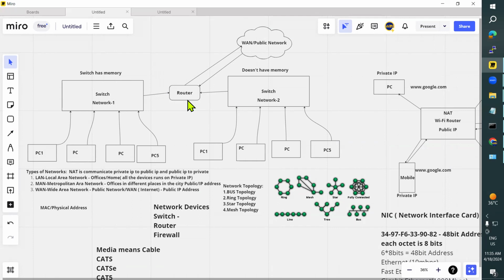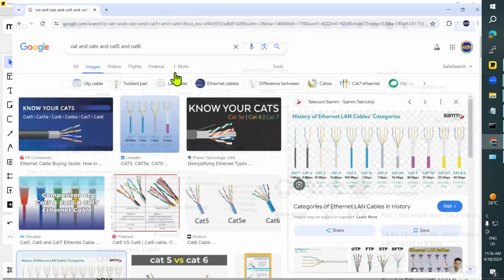You cannot assume that they are good. Across the world, many different people are in the public network. You never know who will come inside our network. That is the reason we need a firewall.